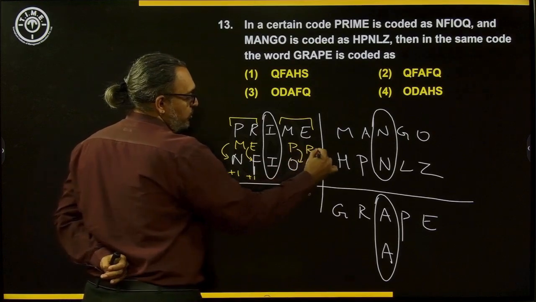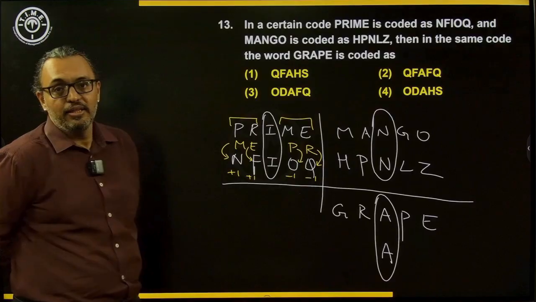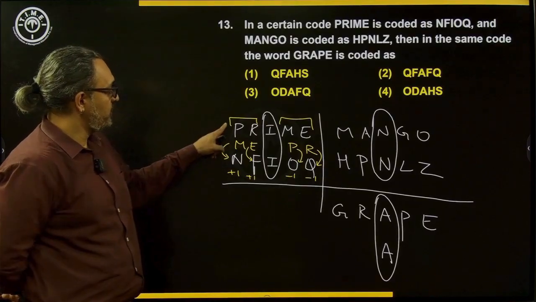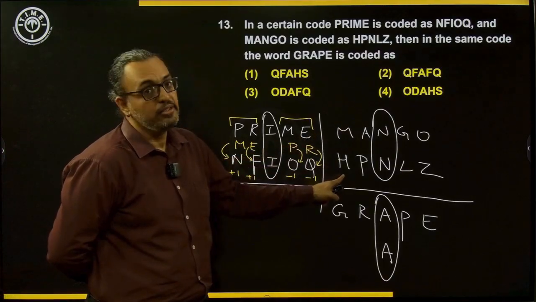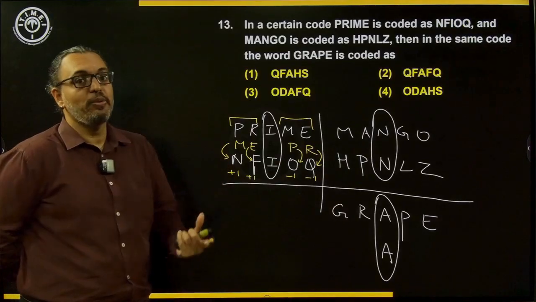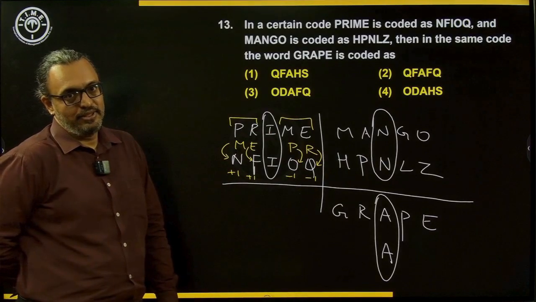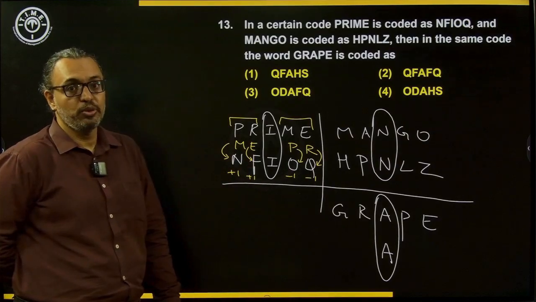And here to here, it is -1, the previous alphabet. Correct? Directly by looking at it, you may not get it because this is 16, 14, -2. Then here 13 and 8, you are not getting -2. So you have to check parallelly. The logic should be the same. I cannot directly take the differences because there are two examples given. I need to match the logic in both the examples.